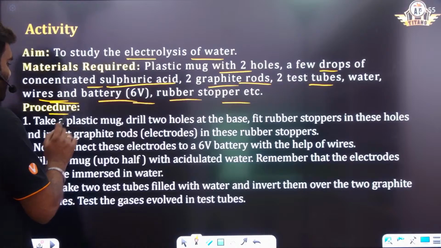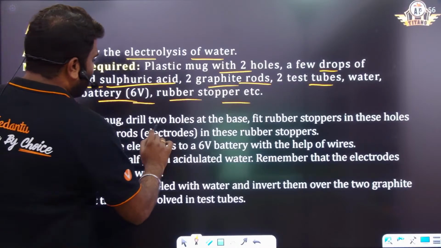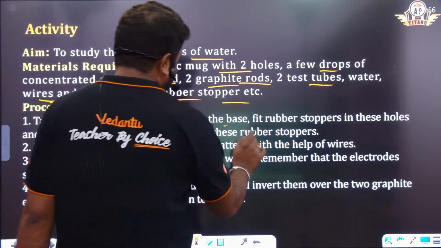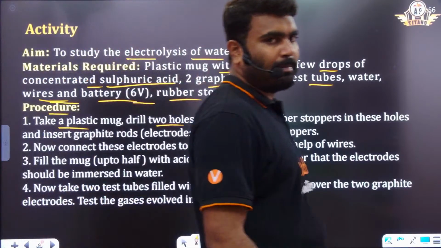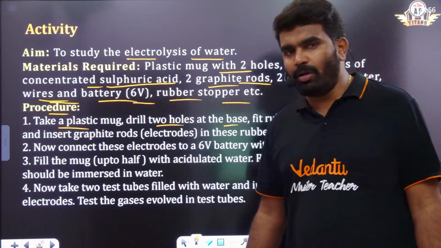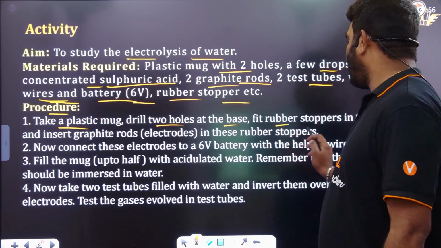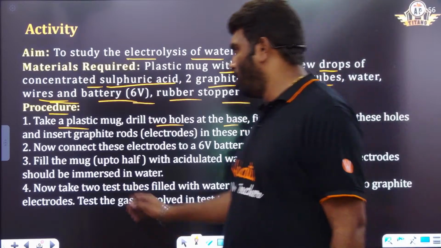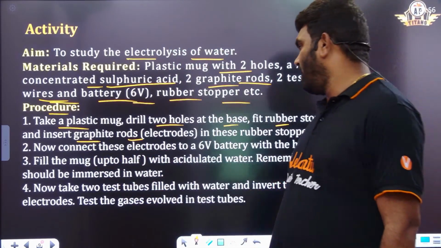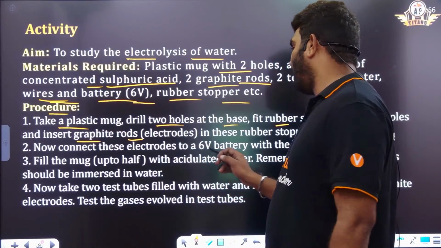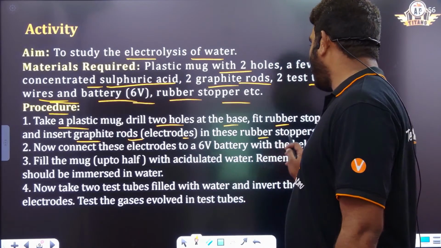So the procedure: take a plastic mug, drill 2 holes at the base. Okay, so what should we do? We take a plastic mug and make 2 holes in the base. Fit a rubber stopper in these holes and insert graphite rods, that is electrodes, in the rubber stopper.